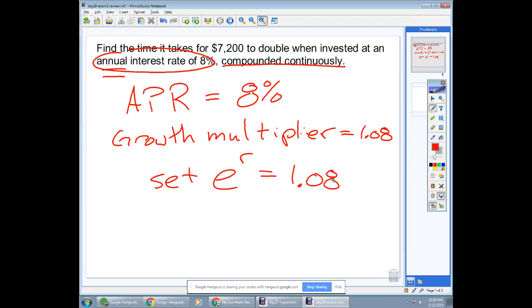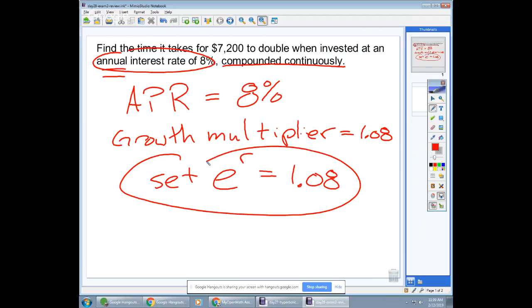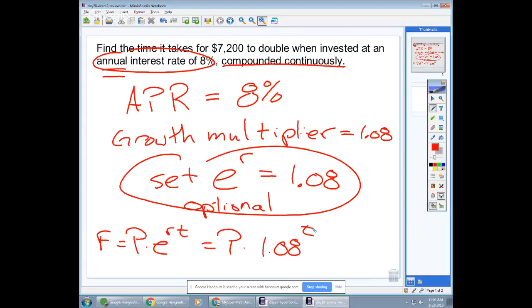Now, I actually don't even need the continuous growth rate to solve this problem, it turns out. So I'm going to shortcut that. This step right here is optional for this problem. So instead of writing the formula as F equals P times e to the RT, I'm just going to write it as P times 1.08 to the T. And guess what T is measured in?